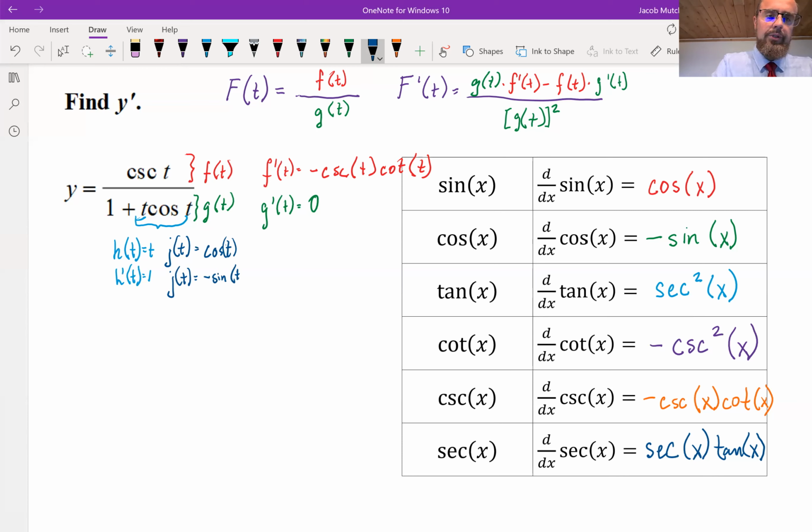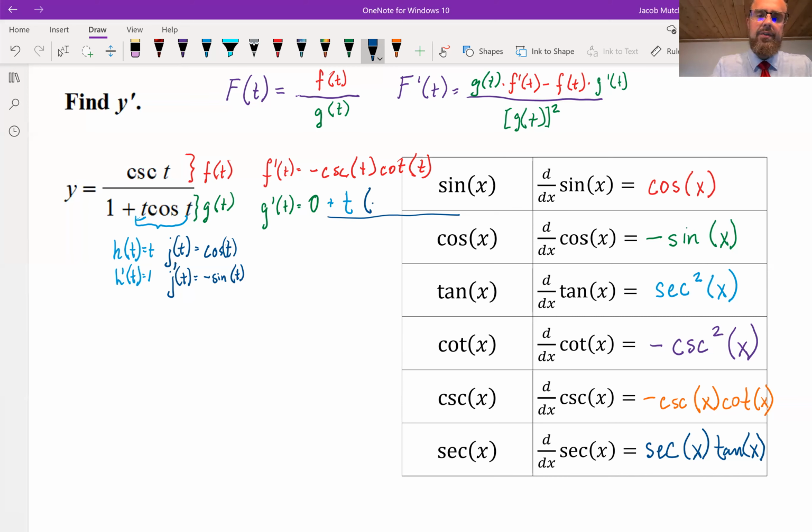Again, we're doing this because I've got to fill in now for the derivative of small g of t, the original denominator. So I'm going to fill in based on the product rule. So it's going to be h of t, which is t, times the derivative of j. Should put that prime there so it's clear that's the derivative.